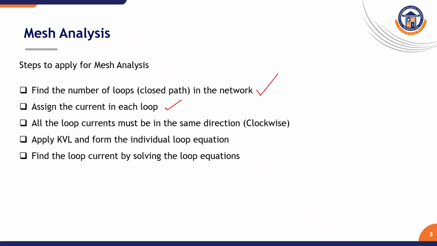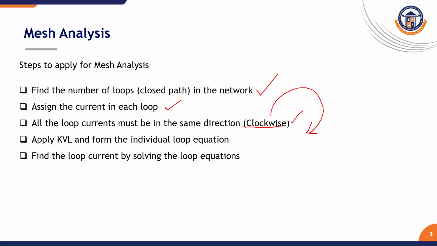After that, I'm going to indicate the current direction, but here you have to assign the same current direction for all the loops, either clockwise or anti-clockwise. For convenience, I usually take it as the clockwise direction. Current flow of the loop is in the clockwise direction.